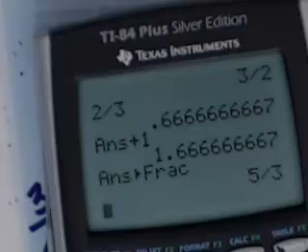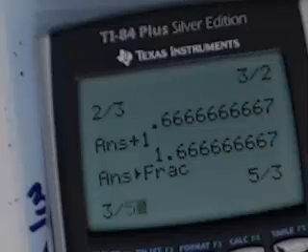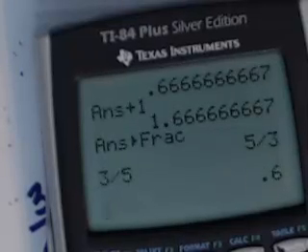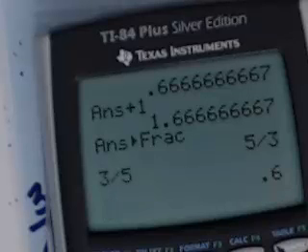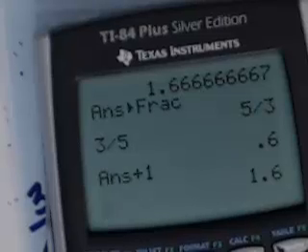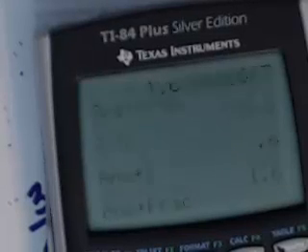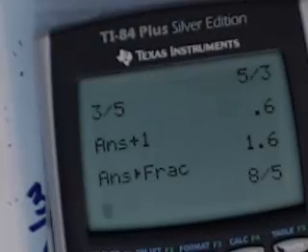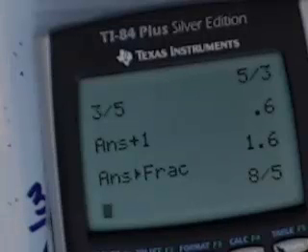I'm going to take the reciprocal of 5/3 and add 1. I'm going to change that to a fraction, which is 8/5.